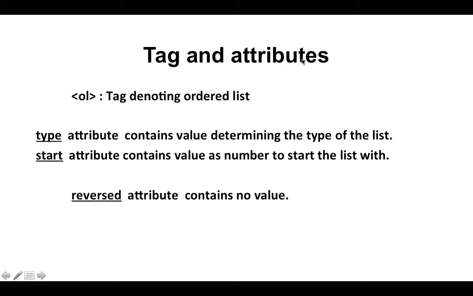Next comes the attributes. Attributes are like the properties of the tag. It's like saying an entity and the property. I want to differentiate between the two.